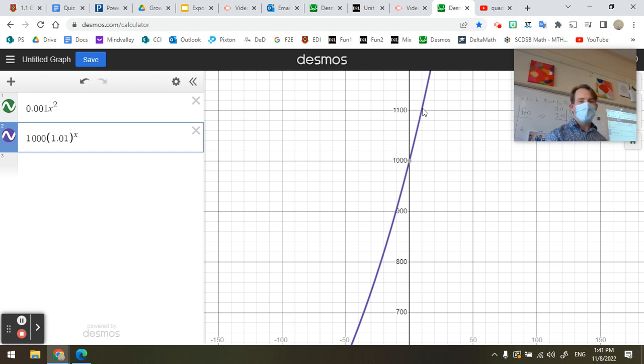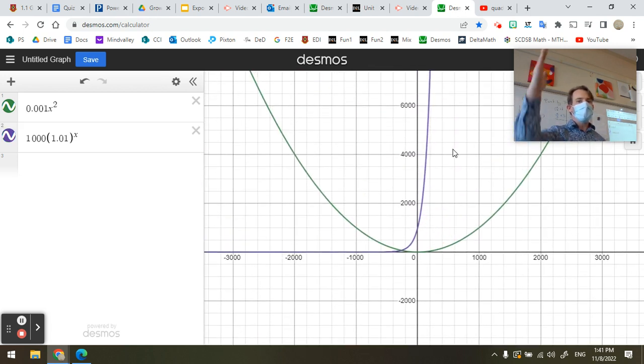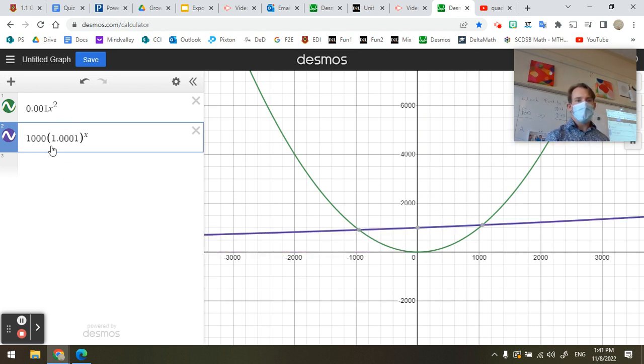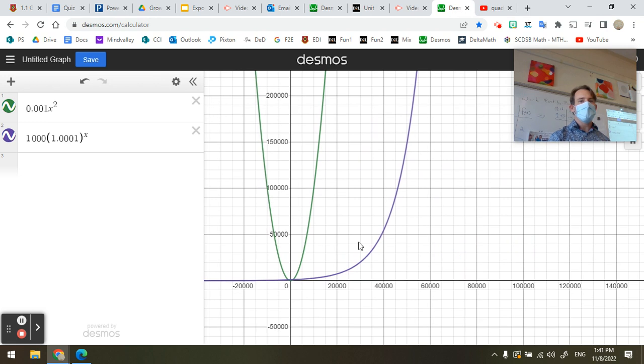Not very exciting. But if I zoom out, you'll see what happens here. Look at the shape of money. This is the shape of money in our world. Exponential equations, it doesn't matter how much I flatten them. If I say I'm not giving you 1% on your money, that's actually 1,000th of a percent, and I still zoom out, I will still get that trademark exponential blow-up shape, at like 50,000 years.